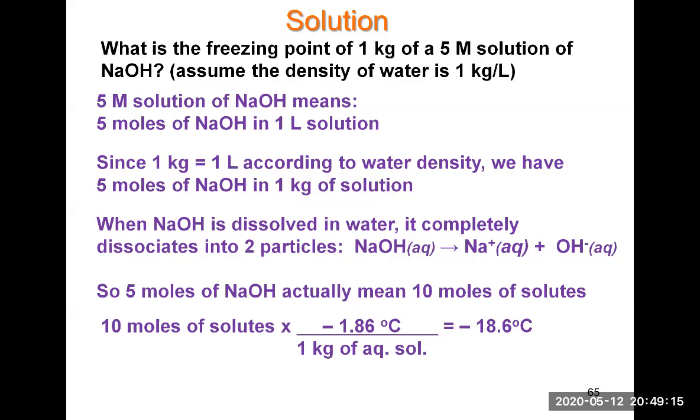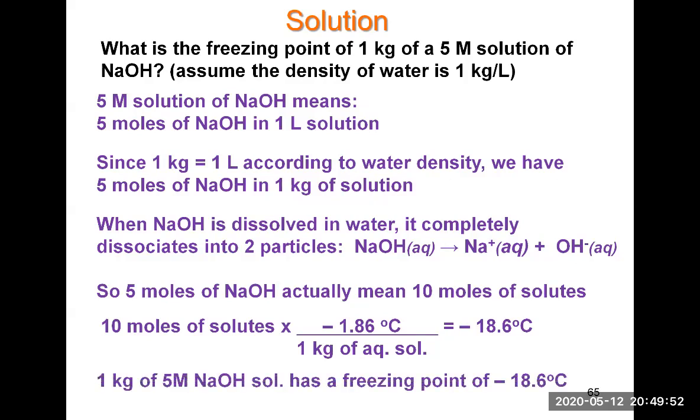So 10 moles of solute multiplied by negative 1.86 degrees per mole of solute and per kilogram of aqueous solution, right? Remember that's the amount that 1 mole of solute in 1 kilogram of water would be lowering the freezing point. So we multiply by 10 moles because we actually have 10 moles of solute. And so that's negative 18.6 degrees Celsius that we will lower the freezing point.